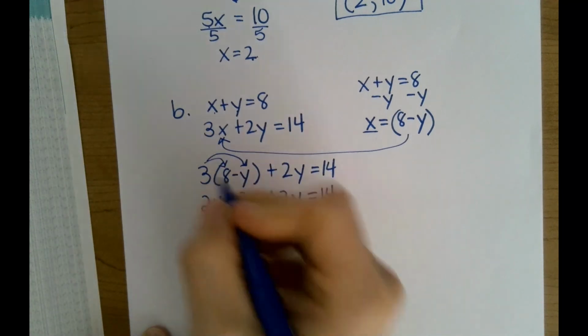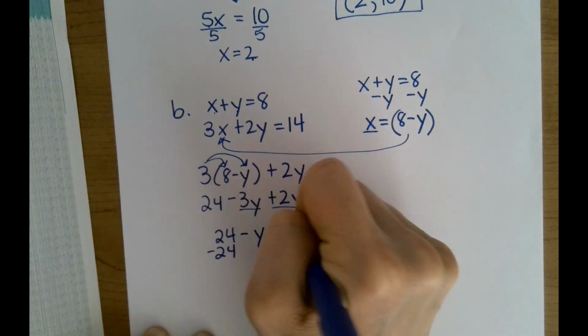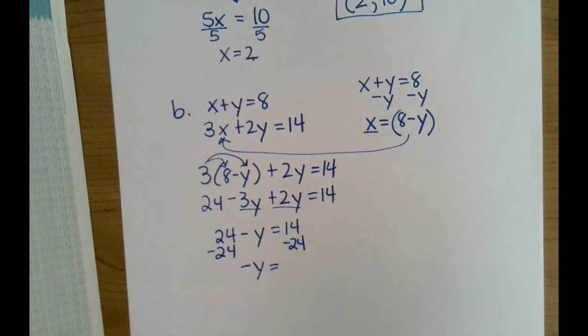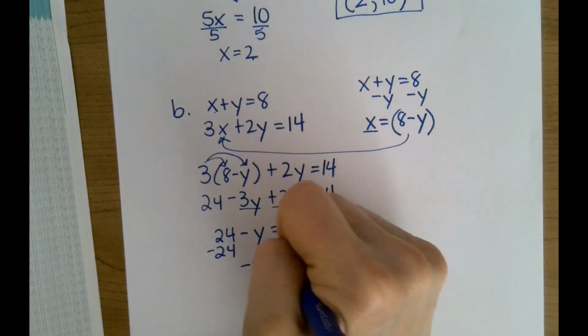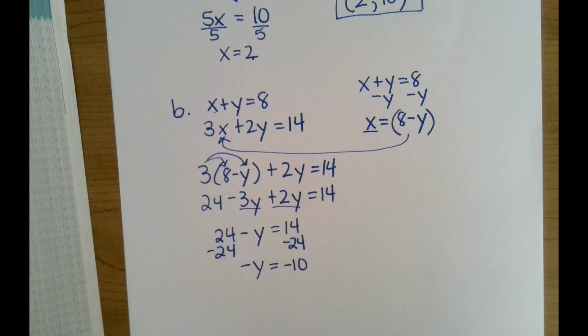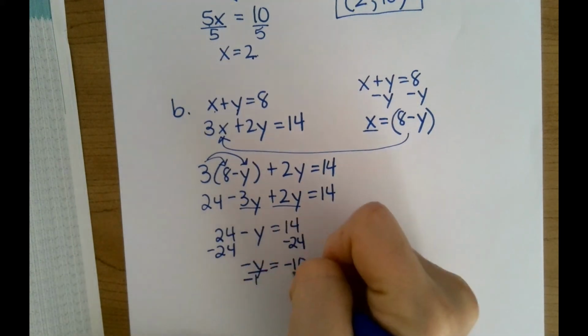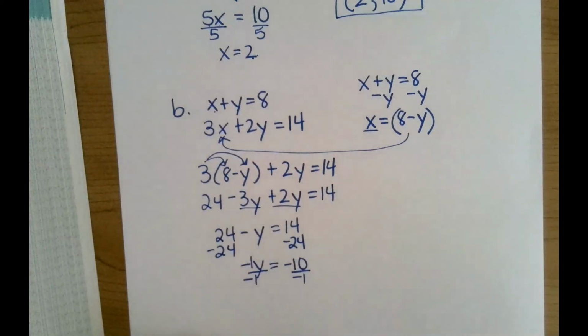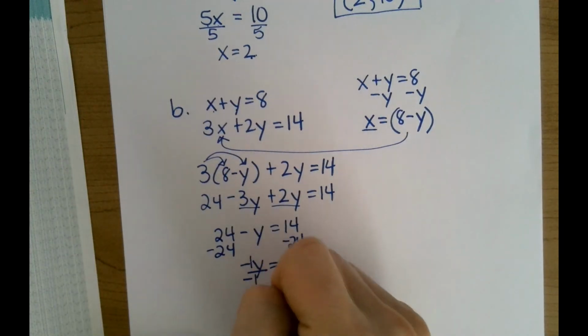All right, then I want to move all my constants, minus 24 to both sides. Negative y equals negative 10. Divided by negative 1. Remember, it's like a negative 1y, so divide by negative 1. y equals positive 10.